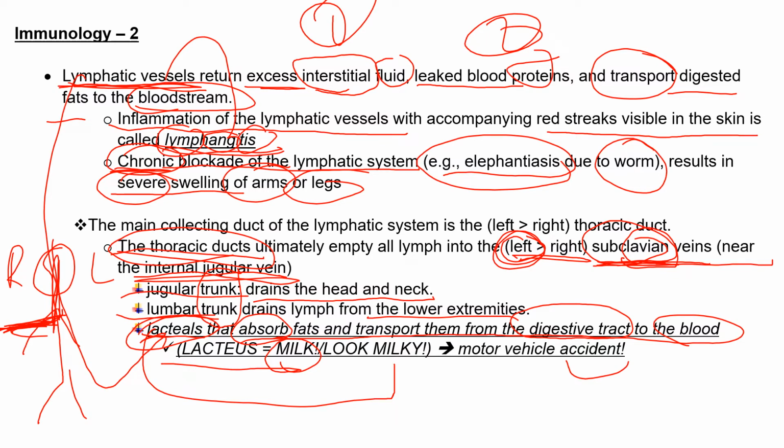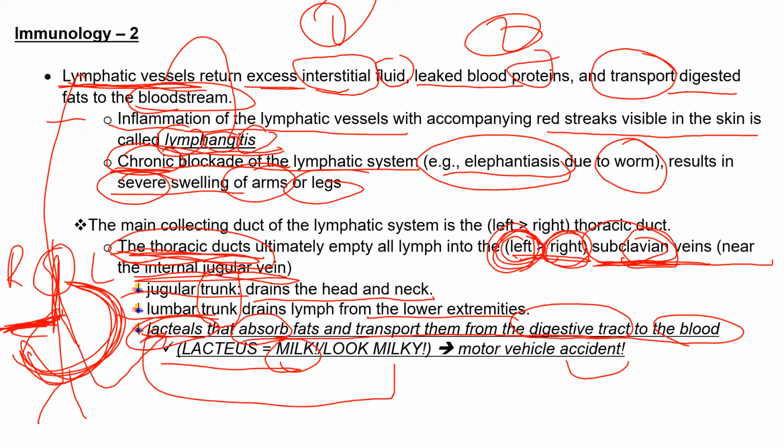Similarly, on the right, all of the lymphatic vessels above the diaphragm drain into the right thoracic duct, whereas everything else, the whole body apart from that, drains into the left thoracic duct.